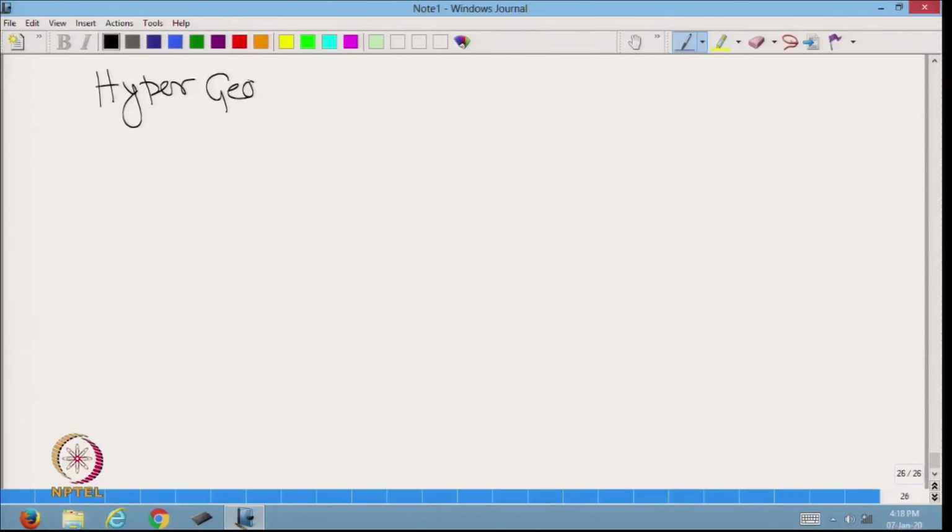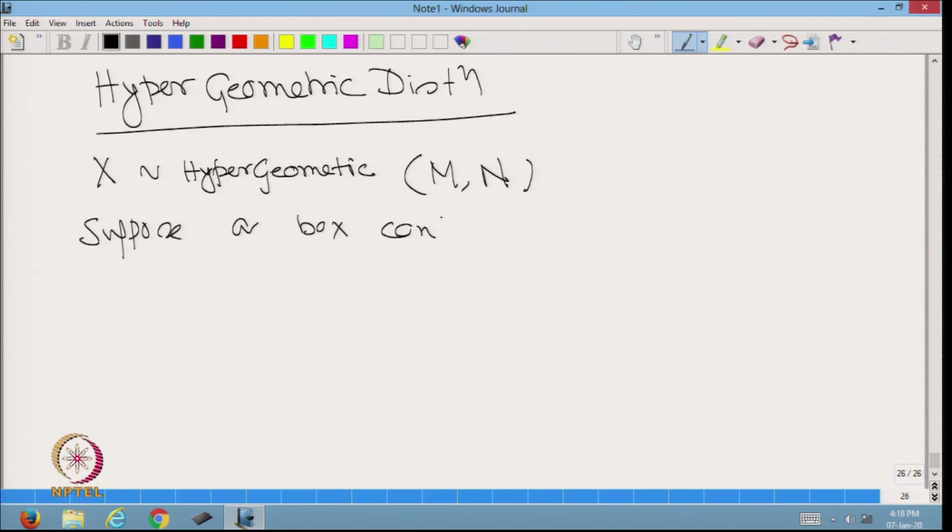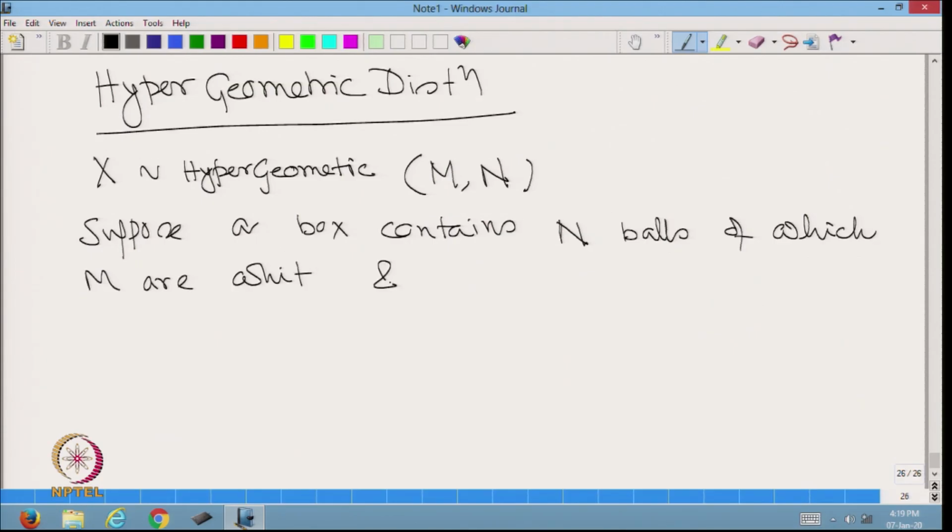Before we stop, I give you another discrete random distribution, the hypergeometric distribution. Here it has two parameters, m and n. So, suppose a box contains n balls, of which m are white and the remaining n minus m are black.